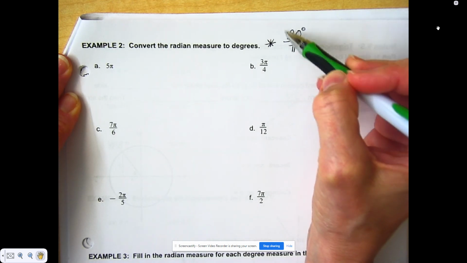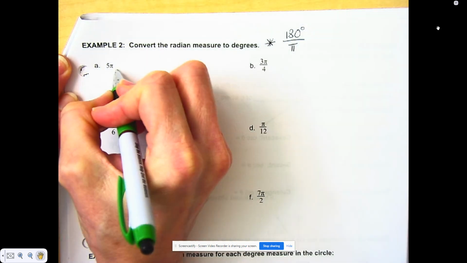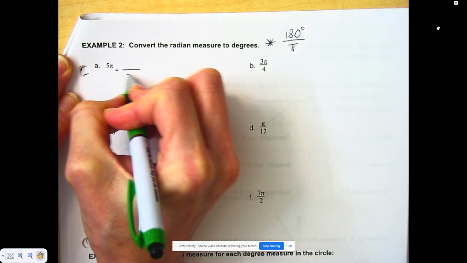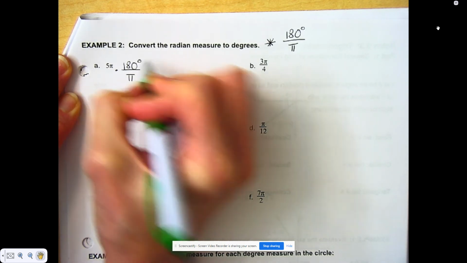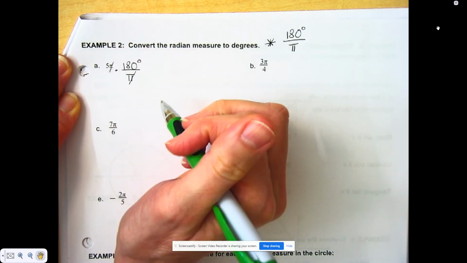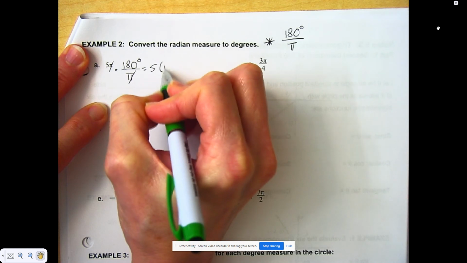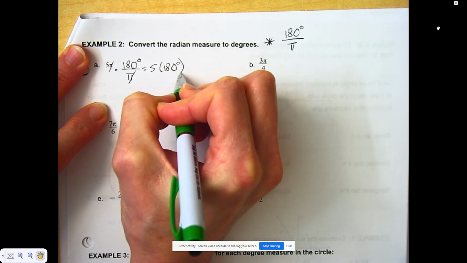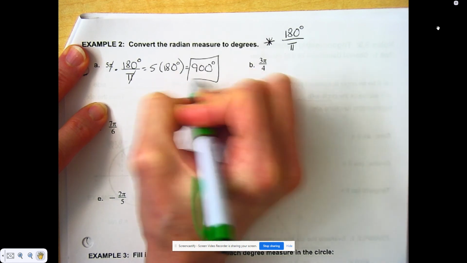We want the pi's to be gone, so we put that on the bottom. So pi on the top, pi on the bottom, those divide to give you 1. And I'm left with 5 times 180 degrees, or 900 degrees.